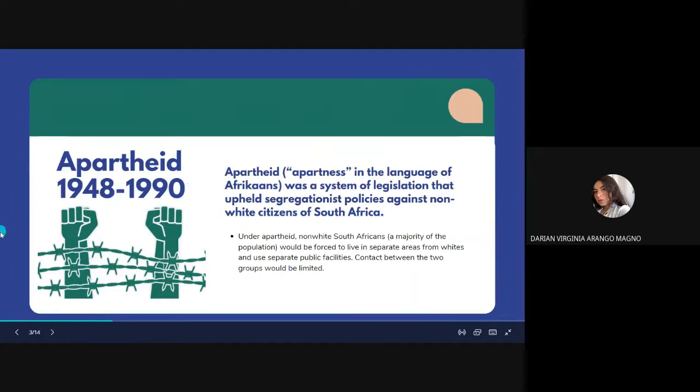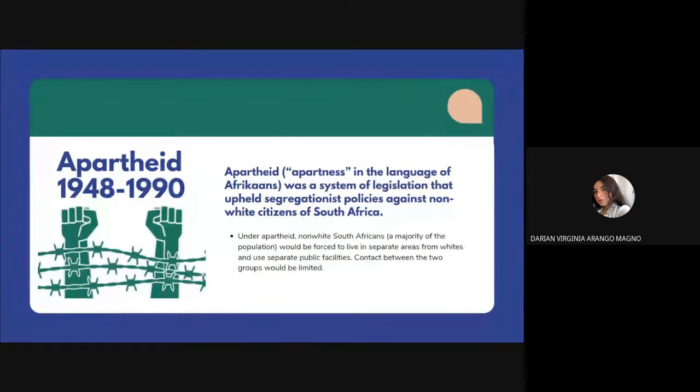Okay, so first, what is apartheid? It was a system of legislation that upheld segregationist policies against non-white citizens of South Africa. Under apartheid, non-white South Africans, the majority of the population, were forced to live in separate areas from whites and use separate public facilities.